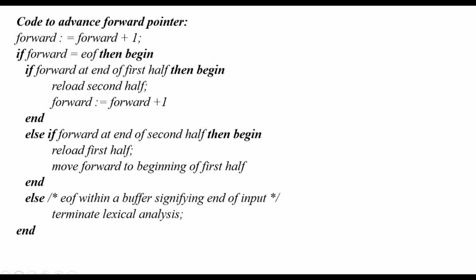So how does sentinel work? First, forward equals forward plus 1, incrementing the forward pointer. If forward is equal to end of file, then begin. If forward is at the end of the first half, then reload the second half.